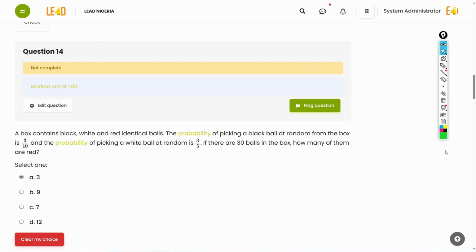All right. Alternatively, another way you could have done this is you could have said that the probability of picking a red ball would be equal to 1 minus the probability of picking a white plus the probability of picking a black, right? Because that's the only thing that is left. So the probability of picking a red would be 1 minus white, which is 3 out of 5, plus 3 out of 10 for black, right?